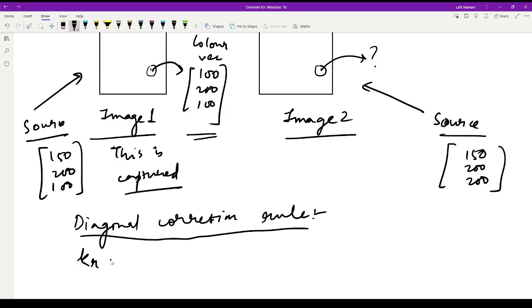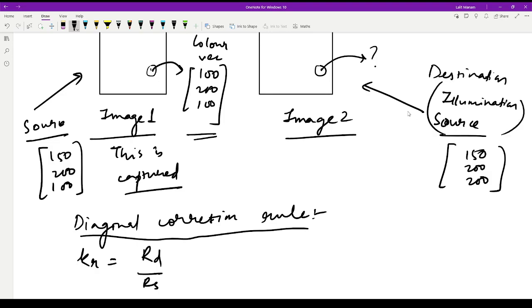We'll find the gain factors of each color channel. So the source I'll put here, and this illumination source, which is actually our destination. So this is the destination illumination source. This is the given source.